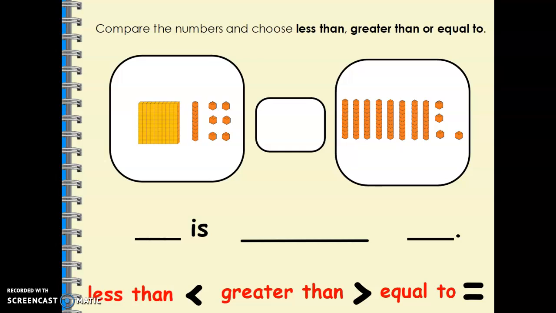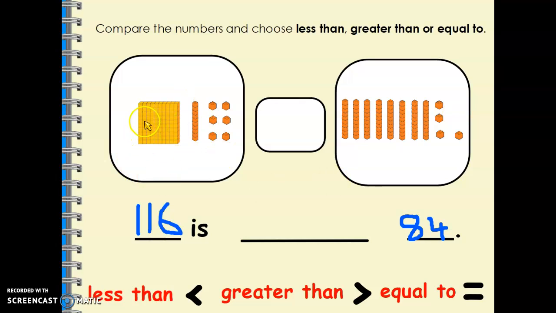So on this side, we have the number 116. Let's count over here. We have 10, 20, 30, 40, 50, 60, 70, 80, 81, 82, 83, 84. So on this side, we have the number 84.